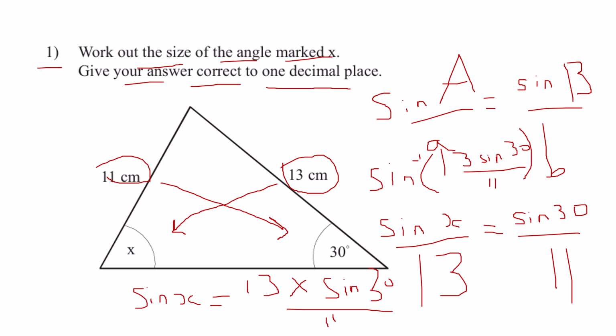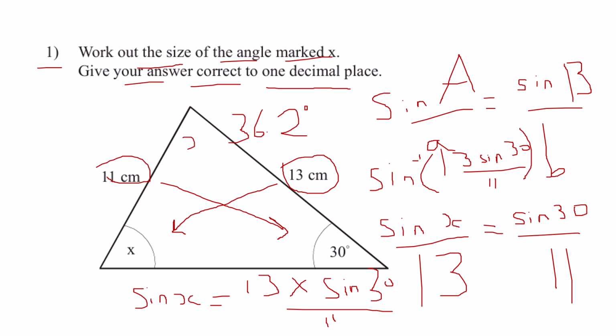Hopefully, if I haven't made a mistake, you get 36.22, so it's 36.2 degrees to 1 decimal place.